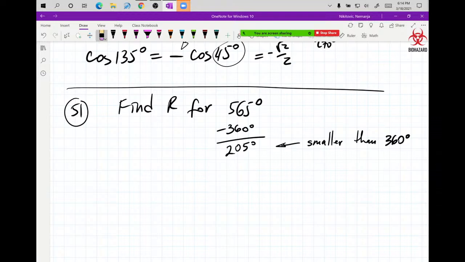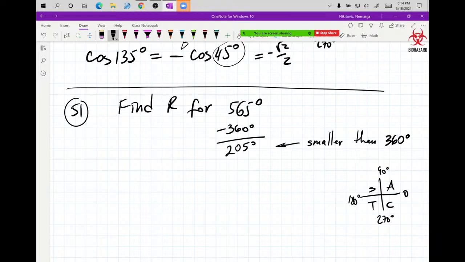Now you ask yourself, what quadrant is this in? Is this number bigger than 90? Yes, it is. Is it bigger than 180? Yes, it is. Is it bigger than 270? No, it's not. Why am I asking about those numbers? Because those are the numbers from All Students Take Calculus. We have 0, 90, 180, 270, back to 0, which is 360.